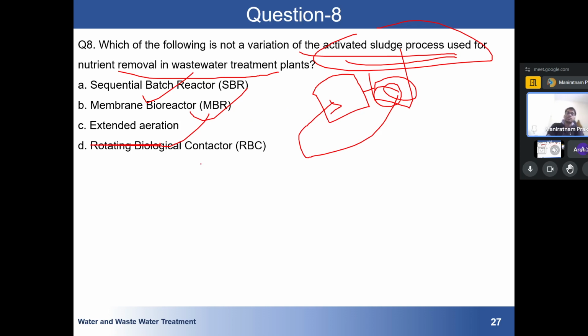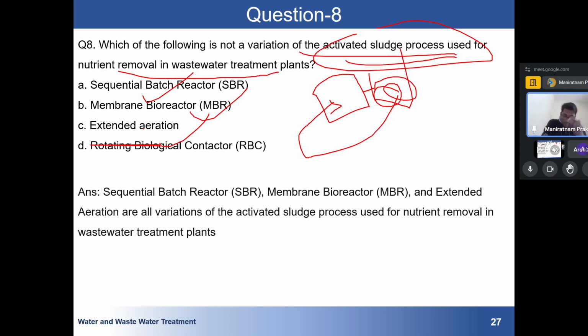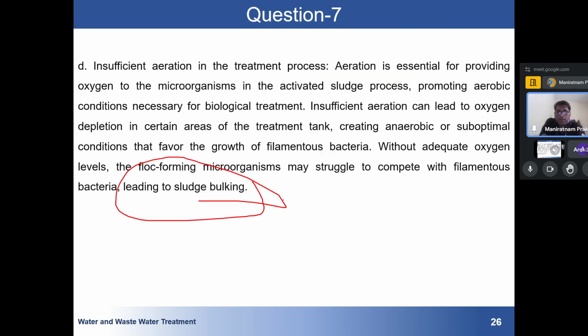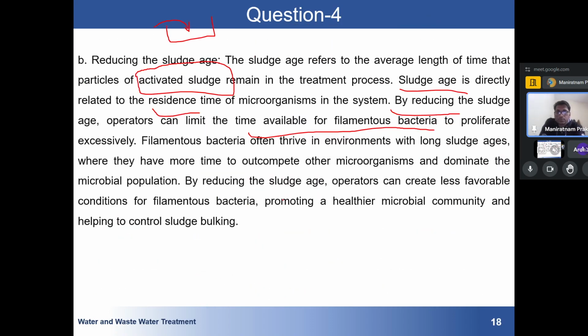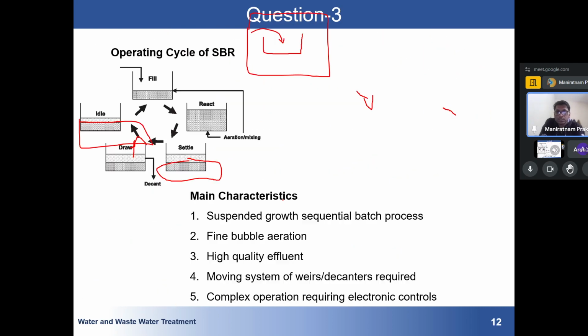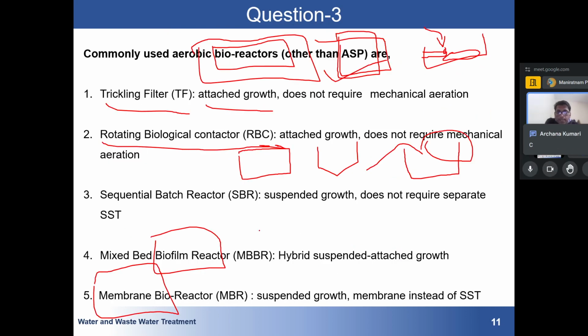So before answering that, you should know what they are. Sequential batch reactor. I have already given too much time on this question, explaining these four things. Okay. See the correct answer.